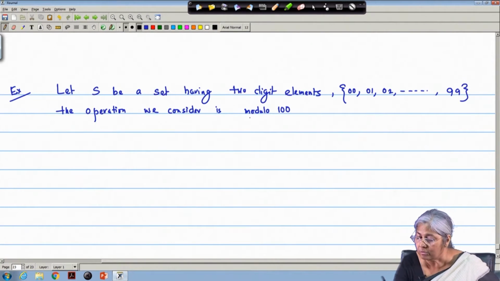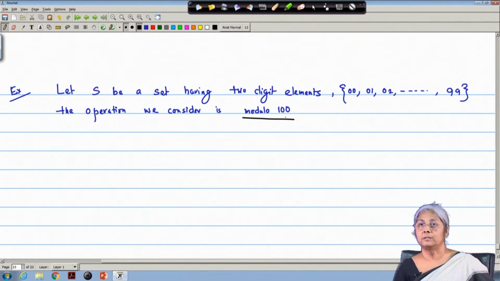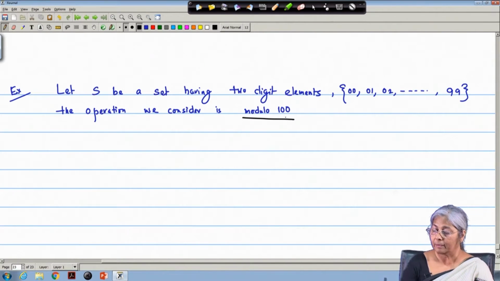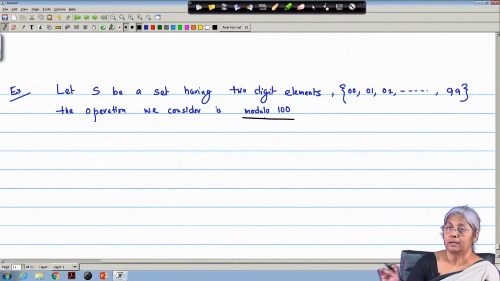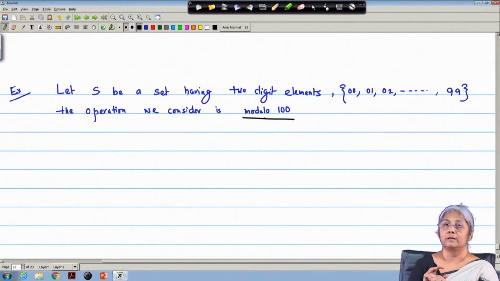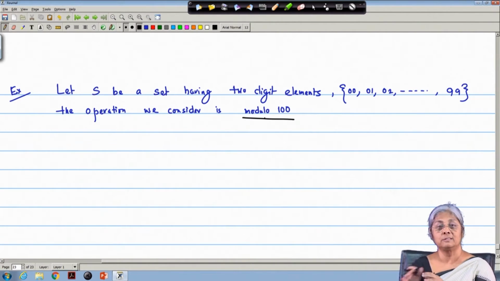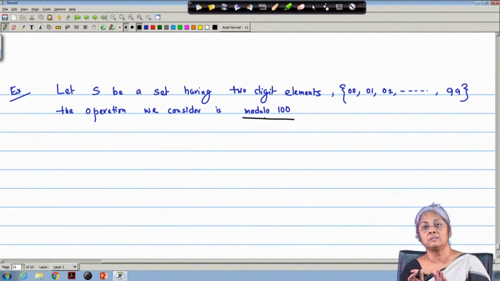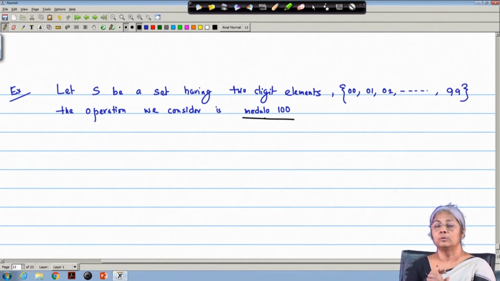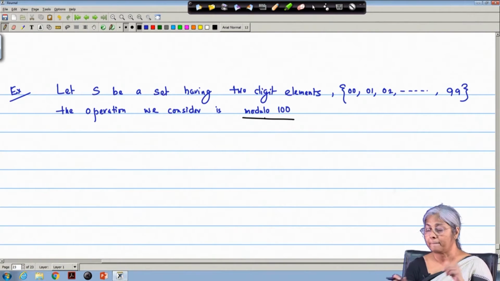Modulo 100 means if I take a number and divide it by 100, we take only the remainder. Since 100 is the least 3-digit number, the remainder can be only up to 99. That means it is closed.